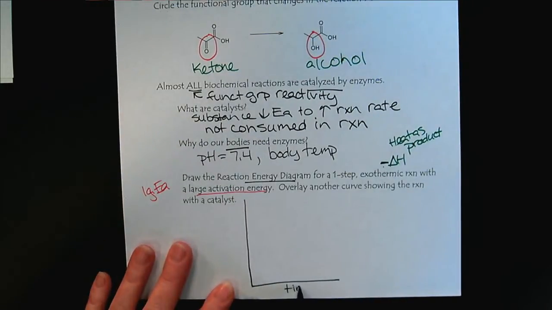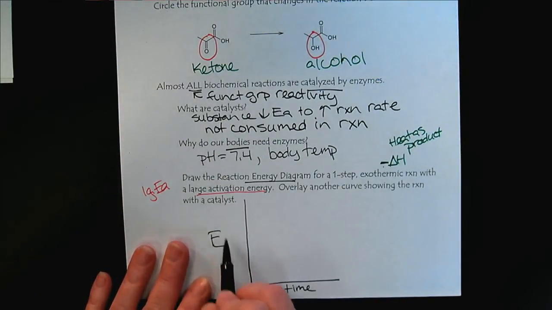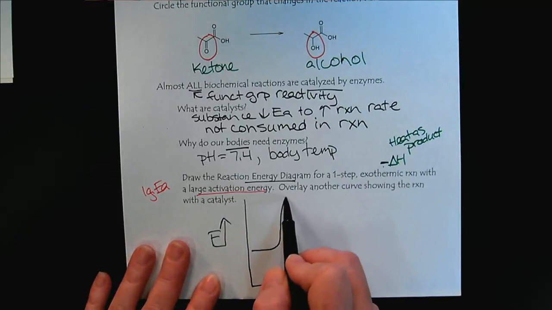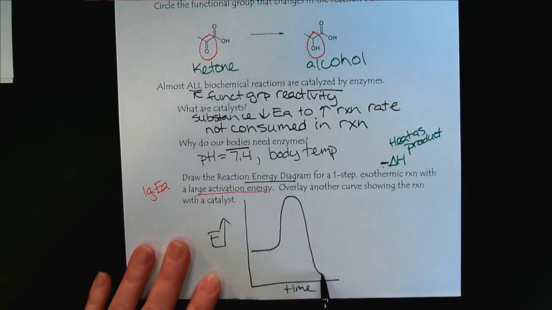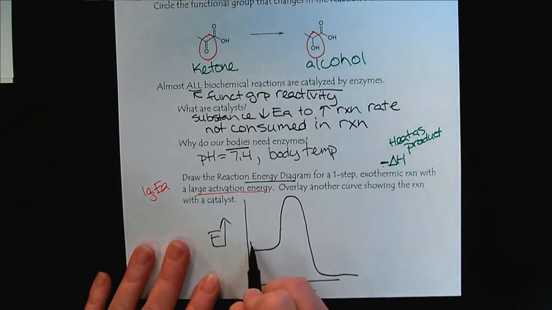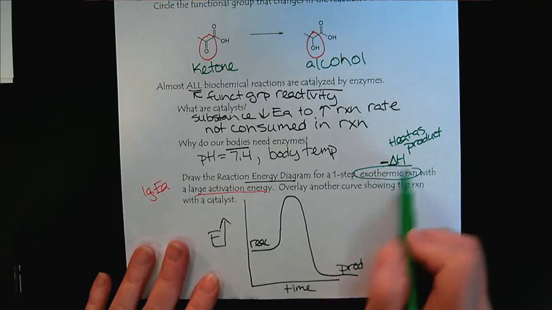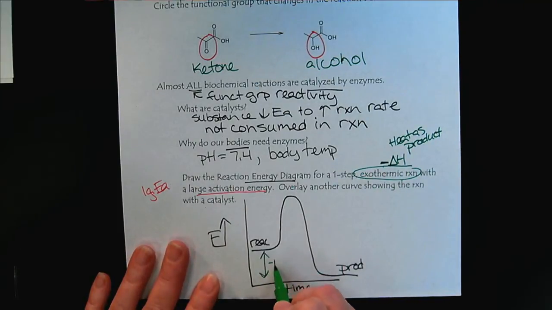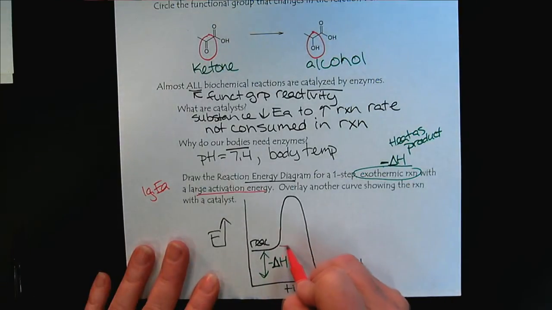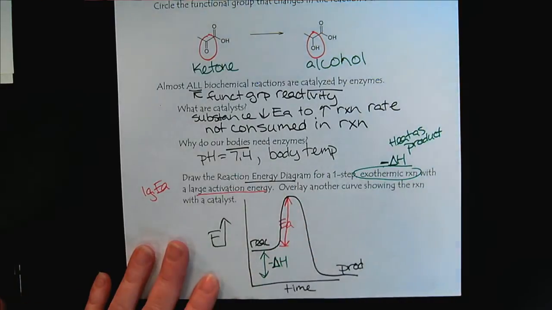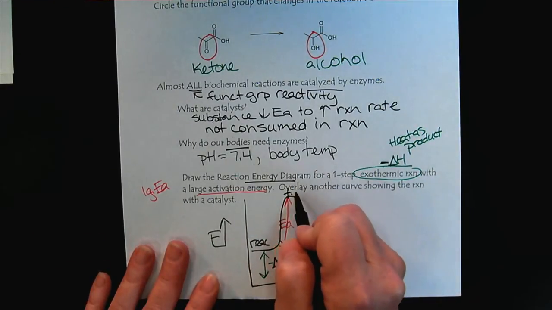So of course it's time on the x-axis, energy on the y-axis. So this reaction, right, large activation energy, products are more stable than reactants. So there's our reactants and our products. And so this exothermic part is here. And then the large activation energy is here, right? And the top of the curve here is our transition state.